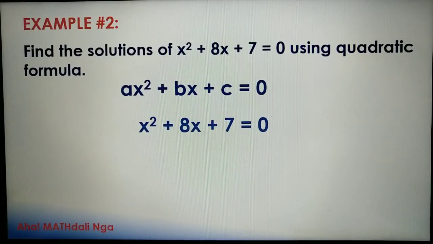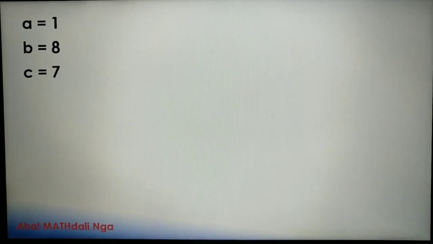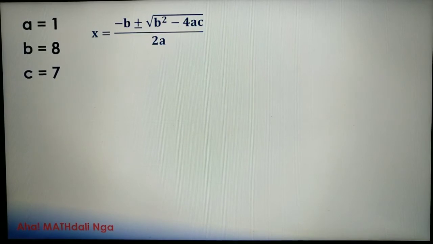So a is equal to 1. B is equal to positive 8. And c is equal to positive 7. We will substitute these values to our quadratic formula.